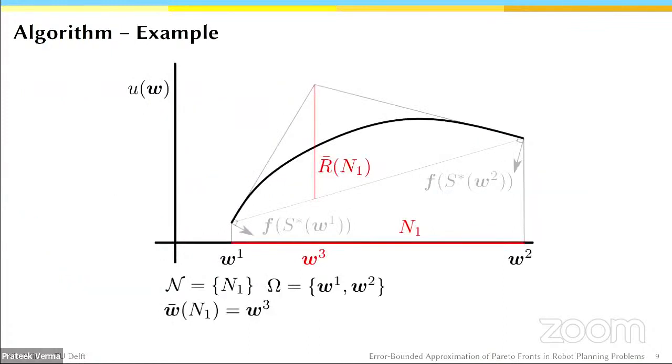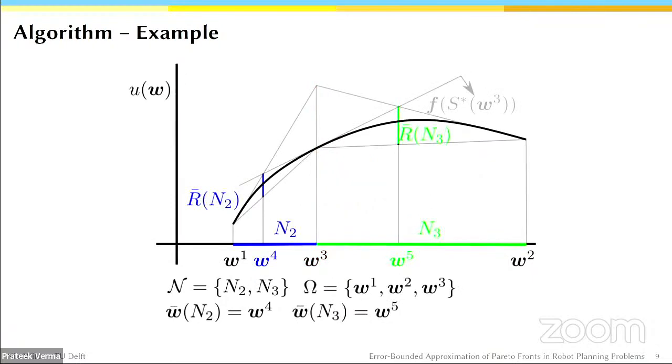So here's an illustration of how this works in a little example. We have 2 weights initially, the ones at the endpoints of the function, and then we use our linear program to find the point with maximum regret bound. That's the weight W3. And we just add that to our set. So this will be our new sample. We now get 2 new smaller neighborhoods, the blue and the green one, and we compute the respective regret bounds in there.